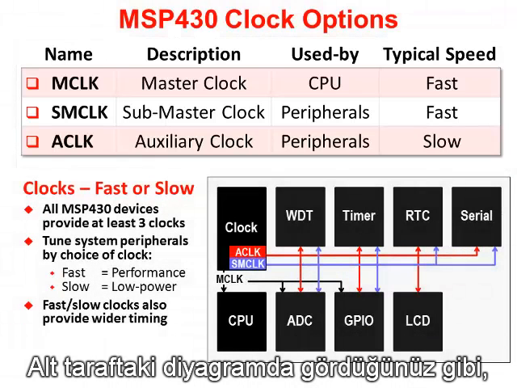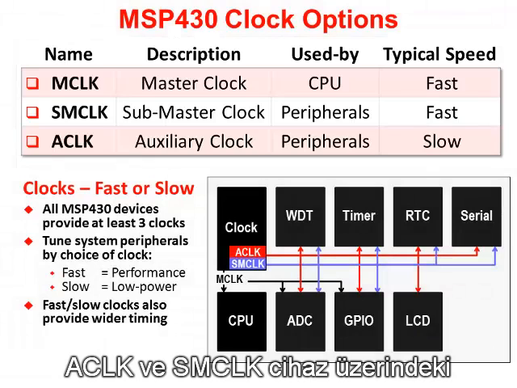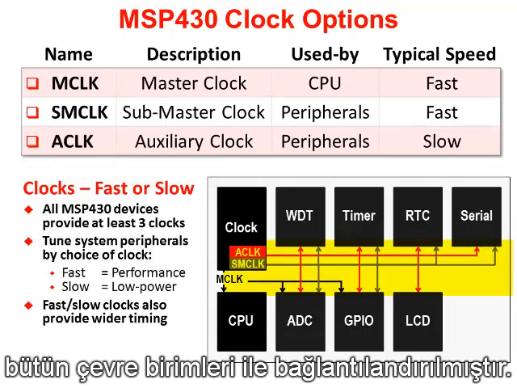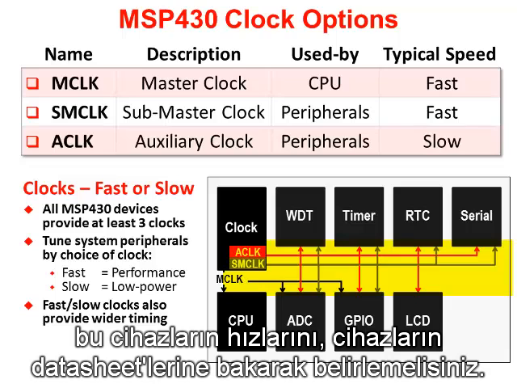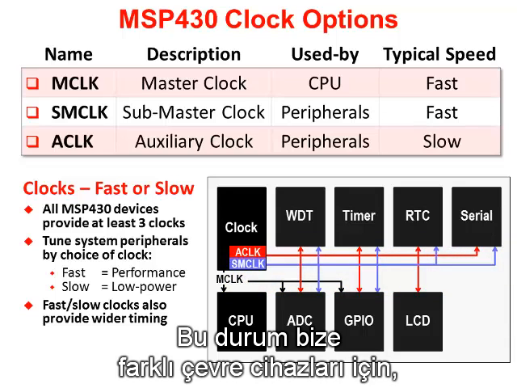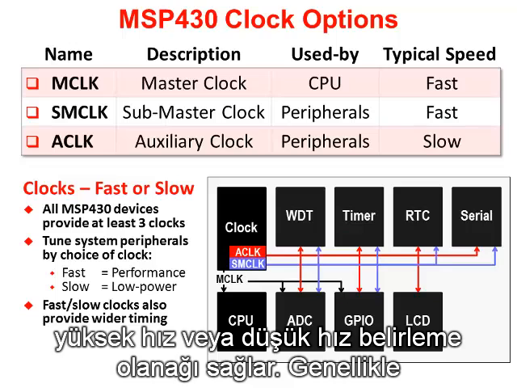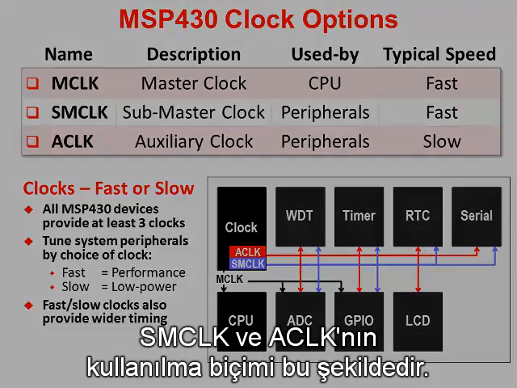As you can see in the diagram below, A clock and SM clock are routed to all of the different peripherals on the device. Again, how they get routed is specific to each different device, although you should always look at the options that are available on each specific device's datasheet. But this hopefully gives us a view that, for the different peripherals, we can determine if we want to run them at a higher speed or a lower speed. That's generally how we use M clock, SM clock, and A clock.